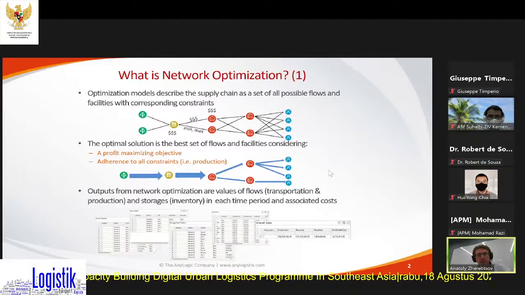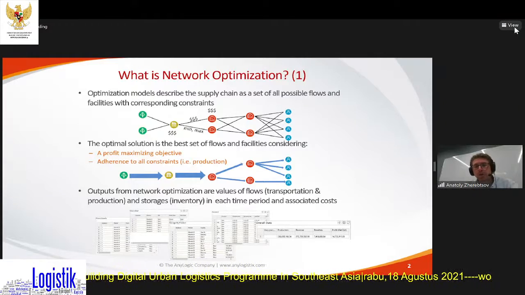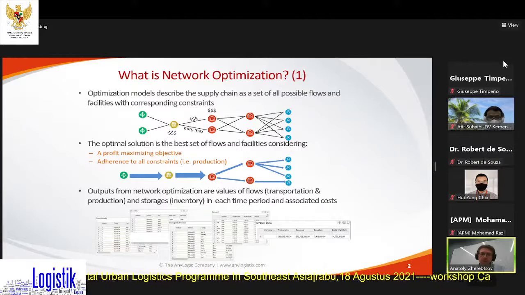And when we talk about constraints, they can be pretty straightforward, like a constraint on throughput between two facilities connected to amount of vehicles available, for example. It may be production power, it may be capacity of a warehouse, and so on.